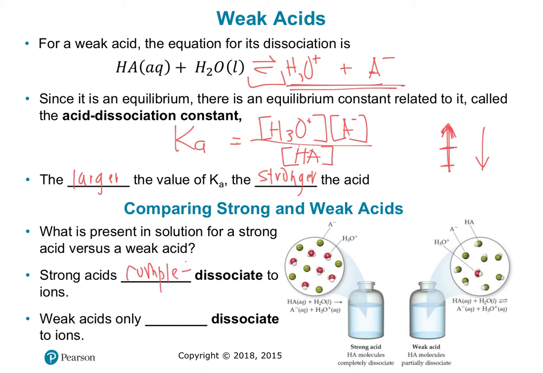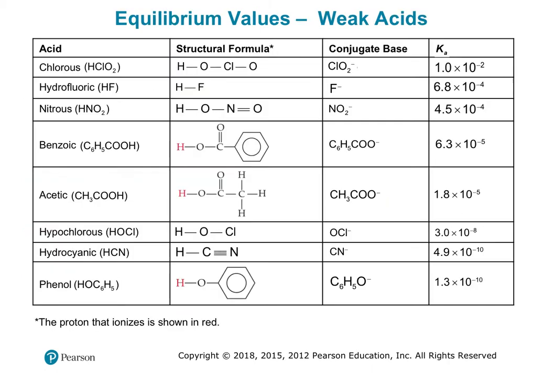There's no reverse direction. Weak acids only partially dissociate. So in a strong acid, we don't see any HA at all, only conjugate base and hydronium. But with a weak acid, we're still going to have some of our original acid left in solution, and only a small amount of conjugate base and hydronium.